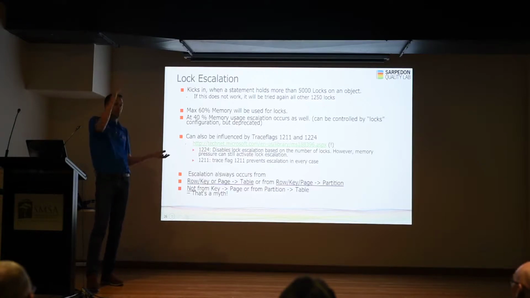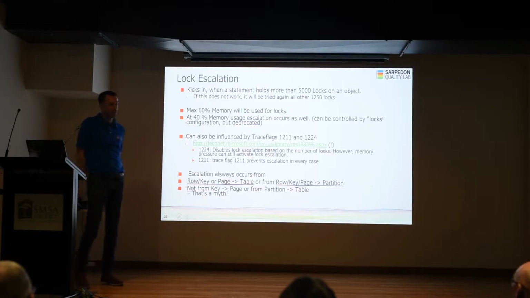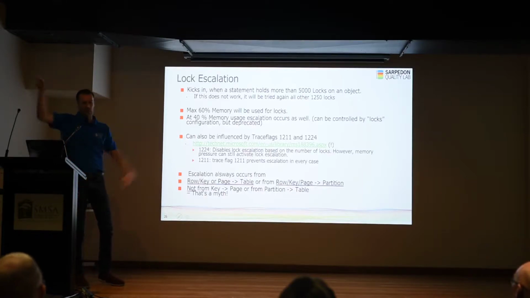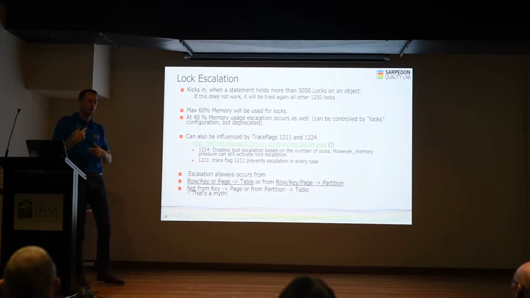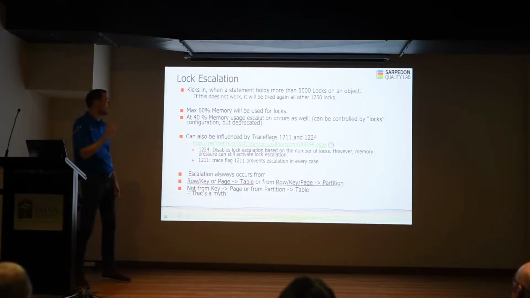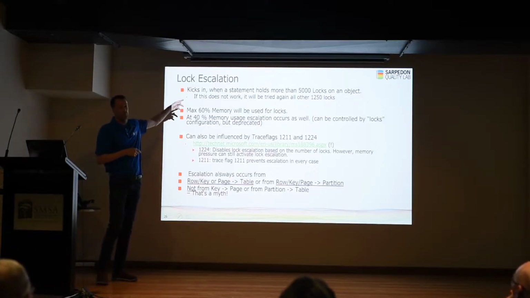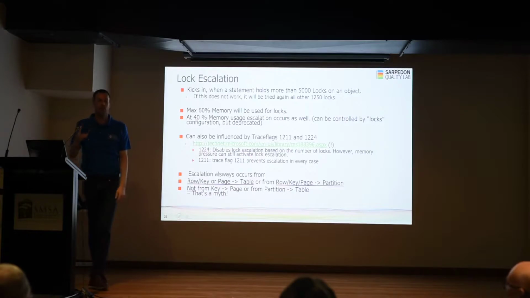We cannot just escalate our 5,000 or 10,000 row locks to the whole table when there's still some other session. And in an environment with many users, this is very common, that you have locks here and there on the table already. So this is why it keeps trying every so often. It does not happen all the time.